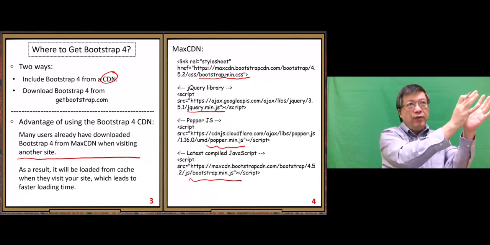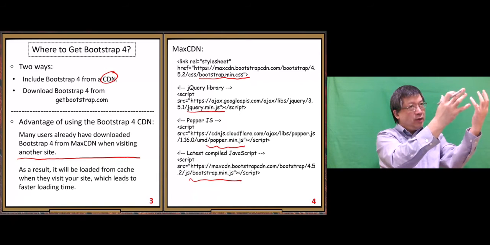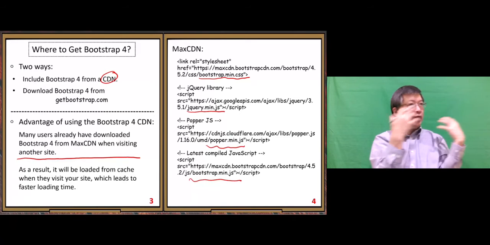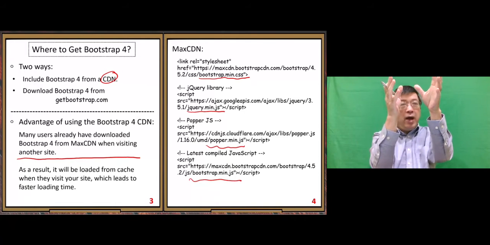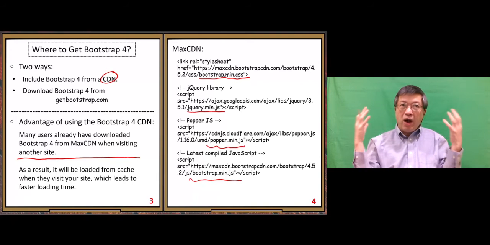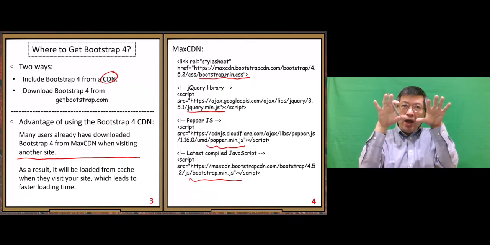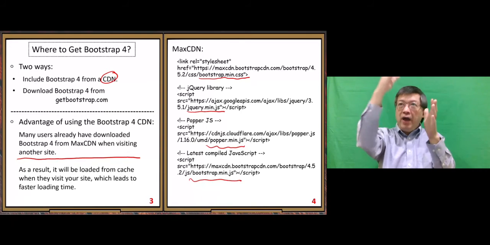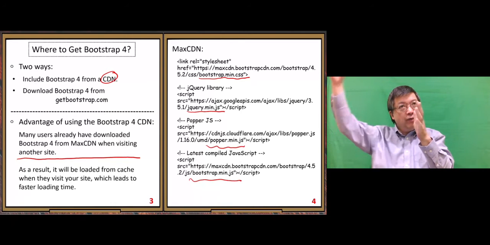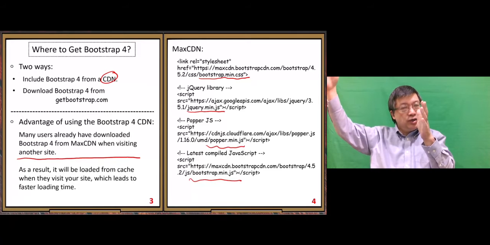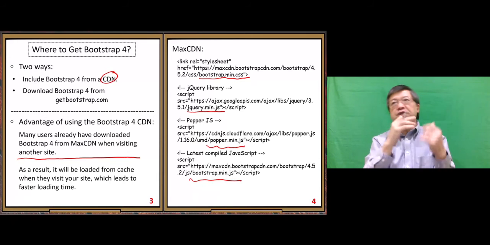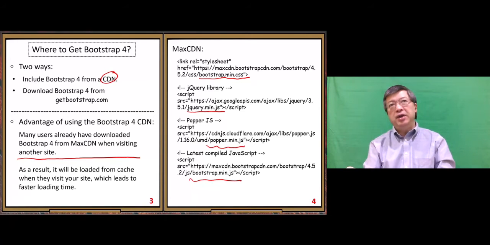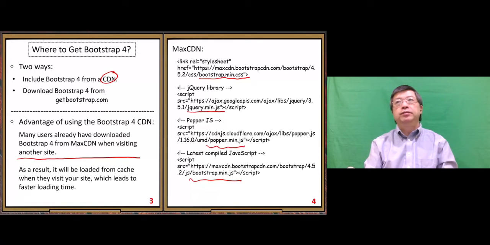When we visit the first one that uses the CDN, we download it. Then we visit the second one, which also uses the CDN. Your browser has a buffer, so it buffers the CDN part from the first website. For the second one you don't need to download, which saves time. After that, for every website using the CDN Bootstrap, you already have the buffered version, so no need to download it another time. From that point of view, it is faster.